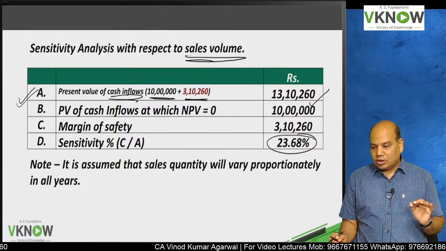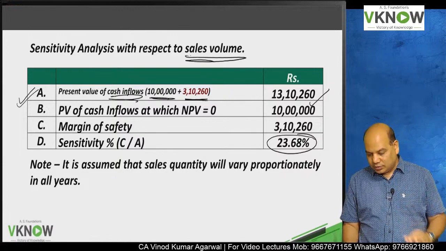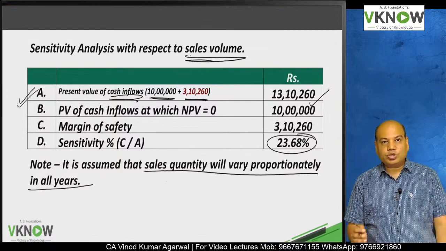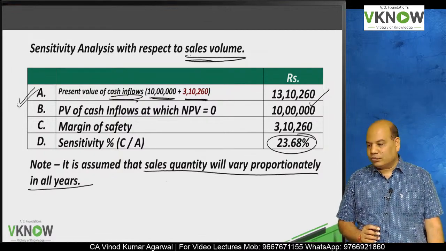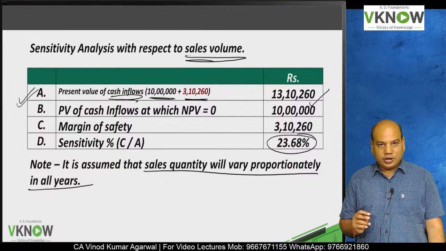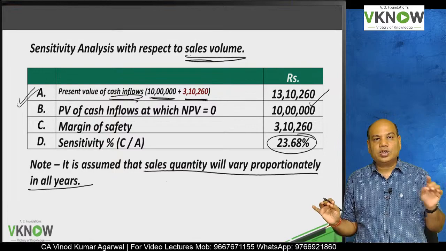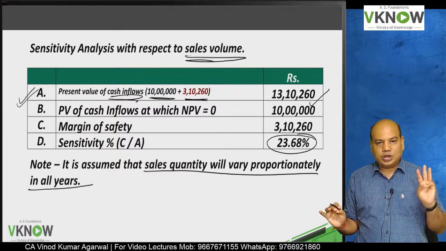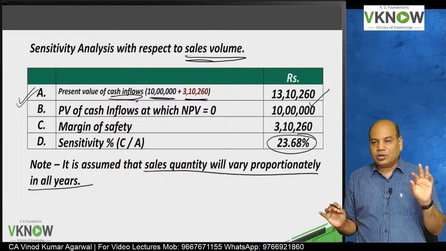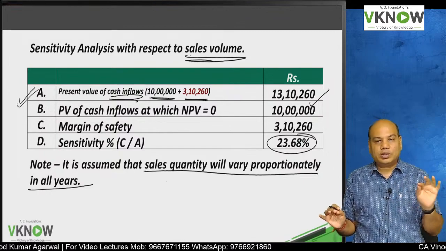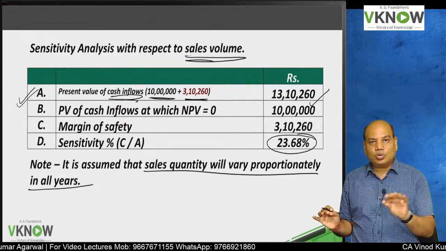One assumption we are making: in the given question your sales volume is different in different years. So we are assuming that sales quantity will vary proportionately in all the years. Otherwise you can test 1 year at a time also. Then you will have to solve 3 times. By what percentage can sale of year 1 fall? By what percentage can sale of year 2 fall?